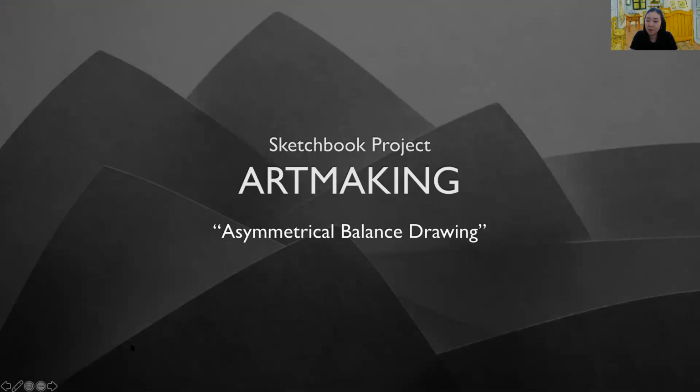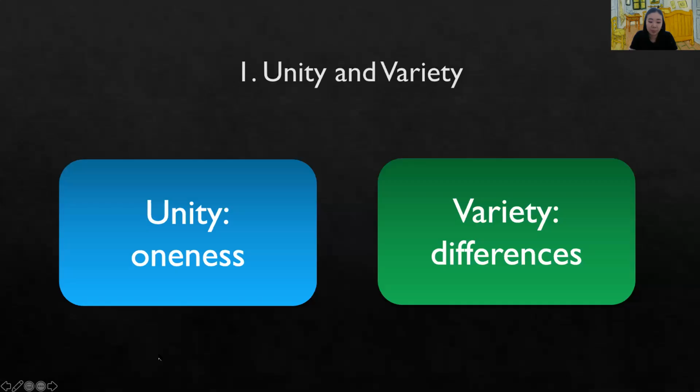So let's remind unity and variety first. So unity is sense of oneness, and variety is the differences in art. So all artworks include unity and variety together, right?